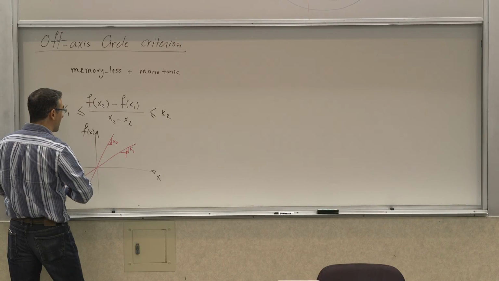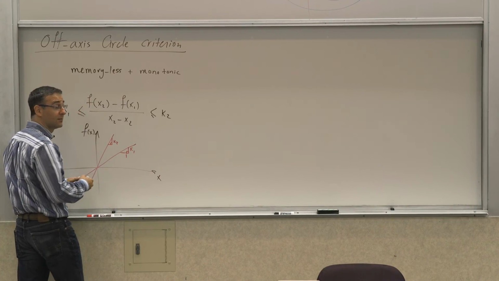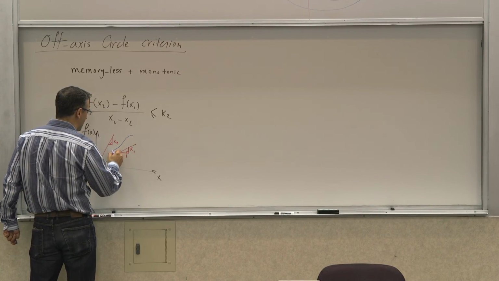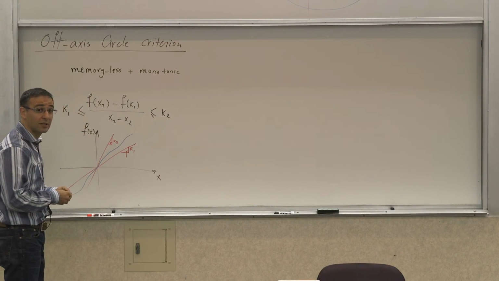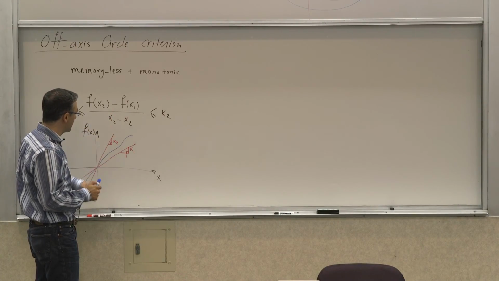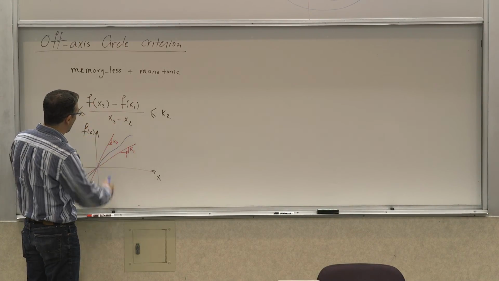And it's also memoryless and monotonic, meaning that its slope never goes negative, essentially, and it doesn't exceed these levels. So the slope is limited, confined between these two.